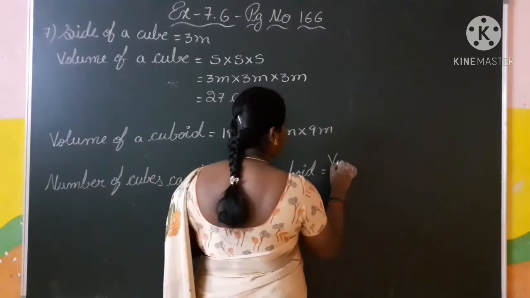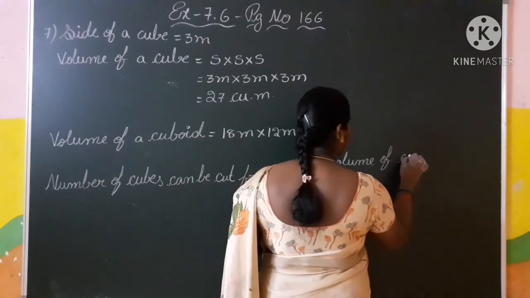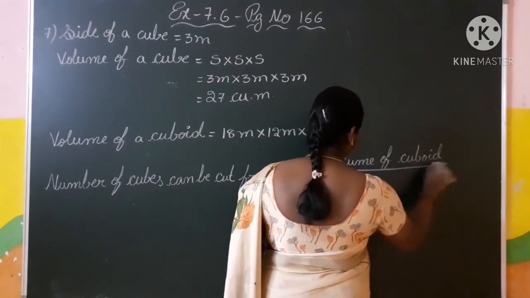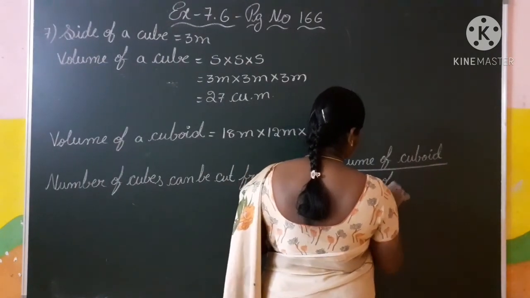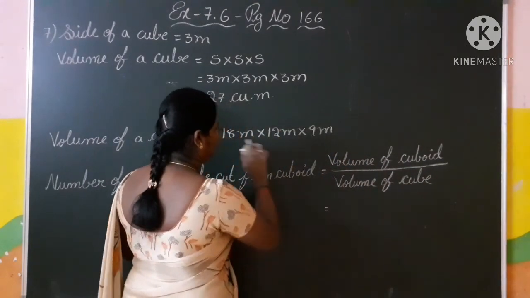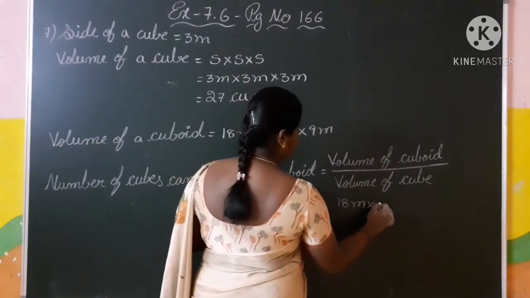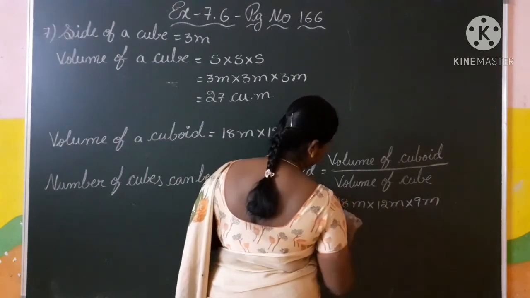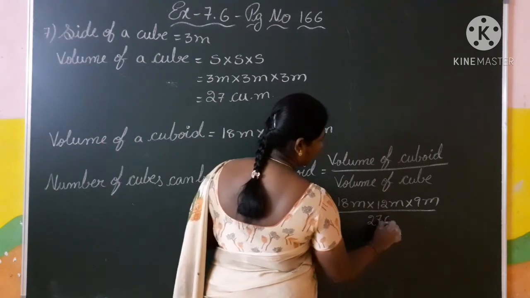So 18 meters into 12 meters into 9 meters divided by 27 cubic meters.